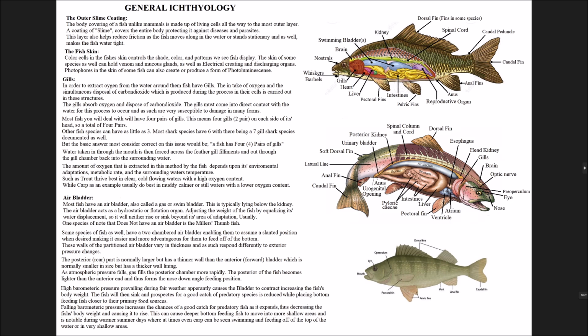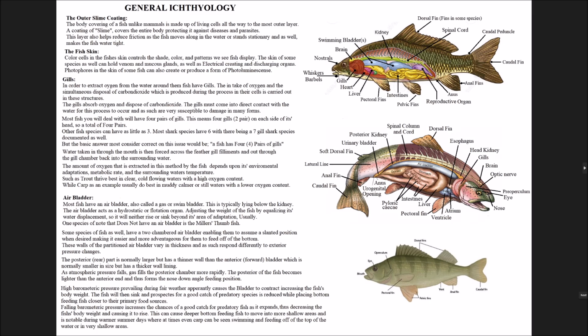Water taken in through the mouth is then forced across the feather gill filaments and out through the gill chamber back into the surrounding water. The amount of oxygen that is extracted in this method by the fish depends upon its environmental adaptations, metabolic rate, and the surrounding water's temperature. The surrounding water's temperature can also dictate how much oxygen that water can hold.